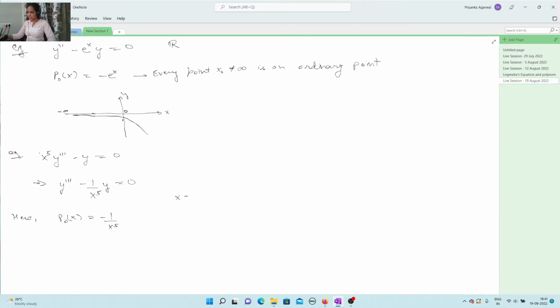Therefore, at x equals 0, there exists a singularity; this function is not defined. Except x equals 0 and infinity, we are not checking infinity in this case. I will tell you later how to do it. All other points are ordinary points.